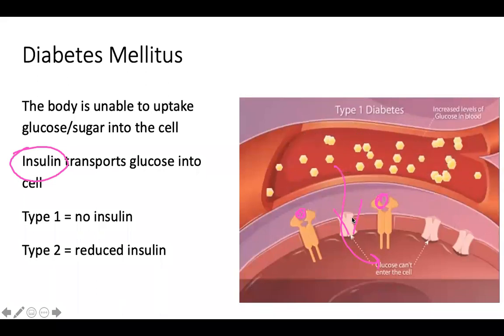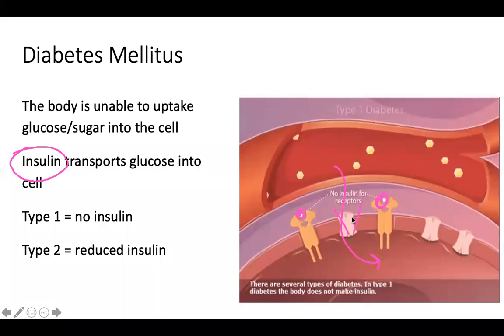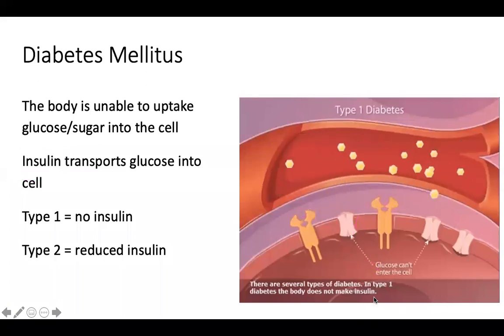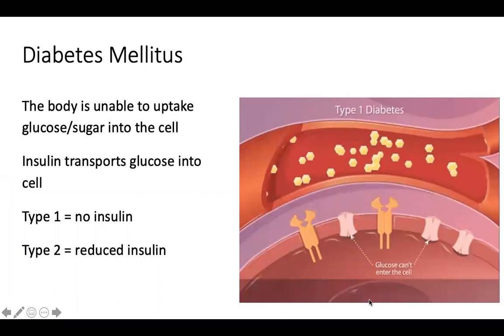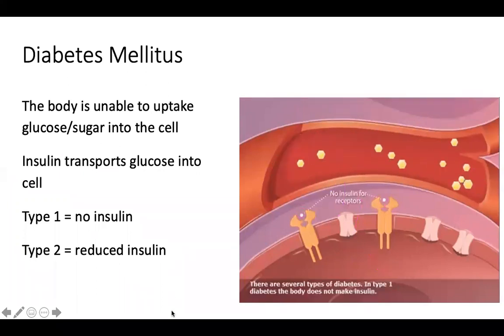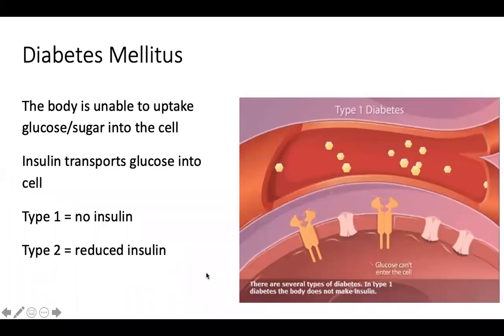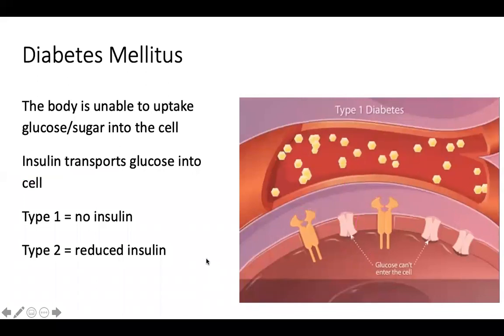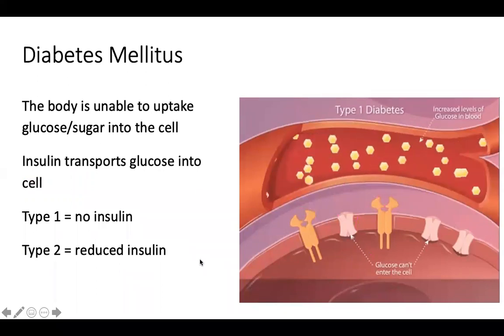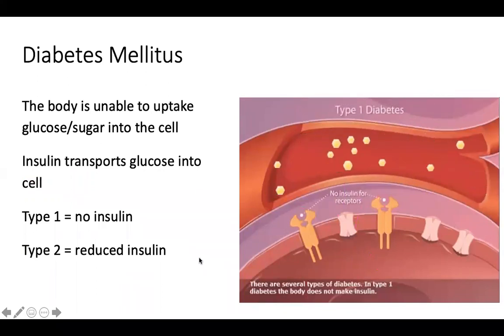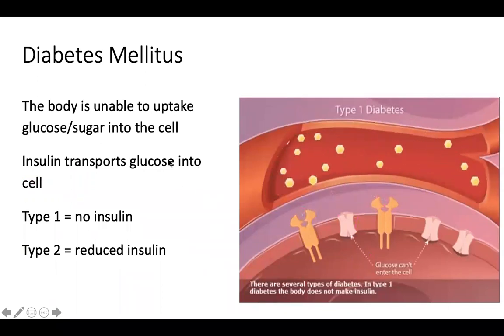The blood glucose is attempting to enter the cell, but since it has no receptors for insulin, the insulin cannot work to open up the channels to allow the glucose to enter the cell. So this is basically a really fancy way of saying with diabetes, our insulin, we don't have it or it doesn't work, and the glucose just builds up within the bloodstream, and that's why we have high blood sugar levels.